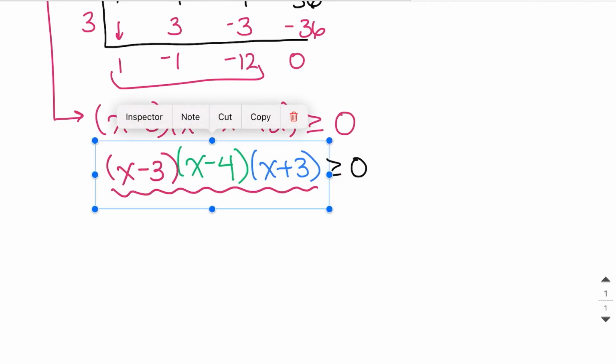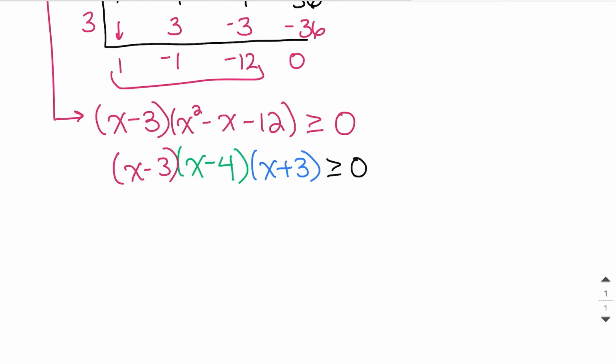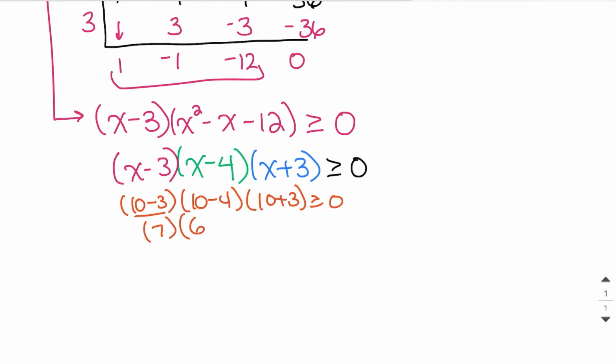So like, for example, if I plug in 10 here, I would get 10 minus 3 times 10 minus 4 times 10 plus 3. And 10 minus 3 is positive 7, 10 minus 4 is positive 6, and 10 plus 3 is positive 13. And that is a positive times a positive times a positive. It's greater than 0. That's a possible value I could get.